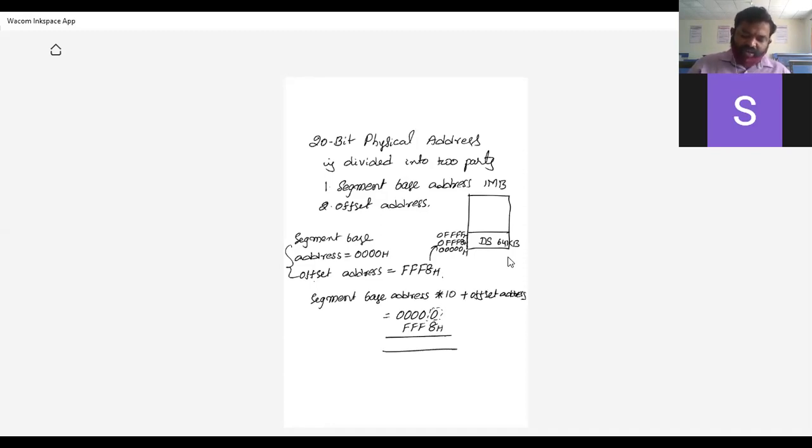So what will be the overall address? 0FFF8H. Got the address? This particular 0 is nothing but an inserted hardwired 0.